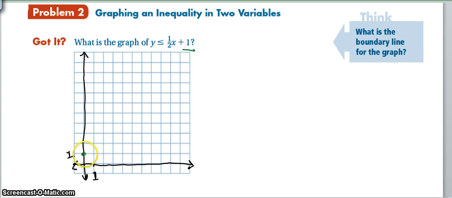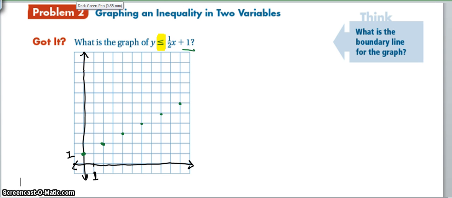So my rise is going to be 1 with a run of 2 to get to my next point. I do that again, a rise of 1 and a run of 2 to get to my next point, a rise of 1, a run of 2. From there, you can basically see the pattern that we're forming and the line that we can follow. So go ahead and make that line, but we have to determine whether it is dashed or solid. And because I have less than or equal to, what do you think?